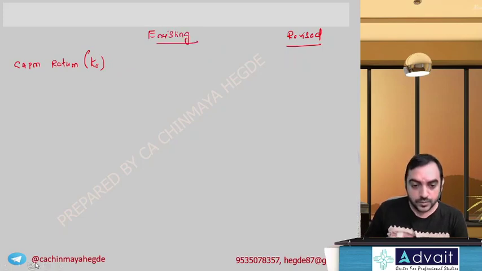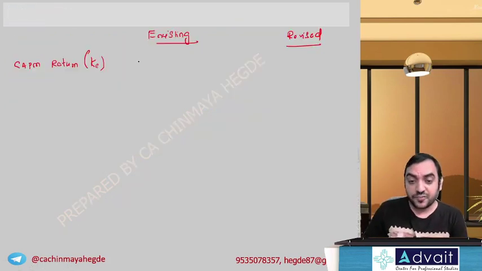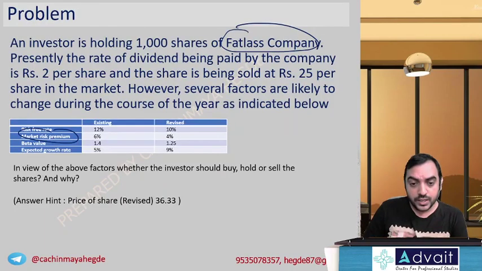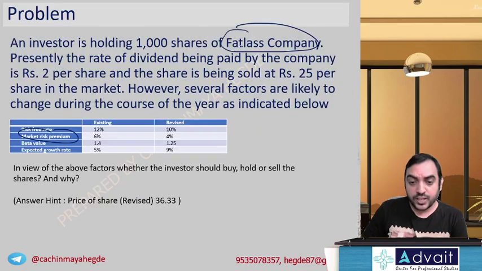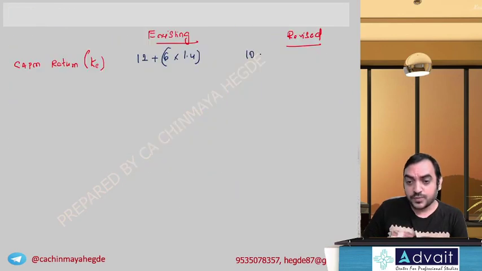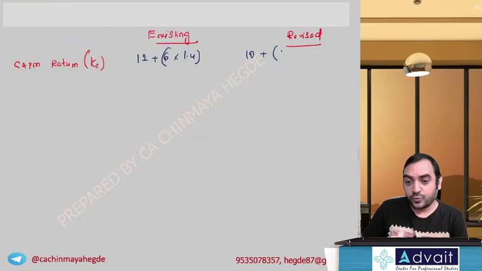Existing RF is 12. RM minus RF we need not do, because they have given only the market risk premium, which means RM minus RF. So 12 plus 6 into beta, which is 1.4. The revised risk-free rate is 10, premium is 4, beta value 1.25.